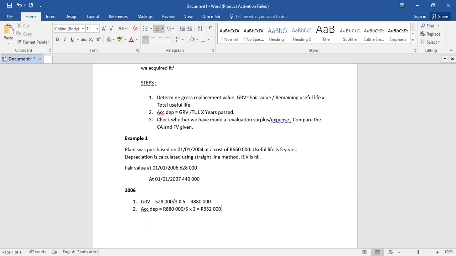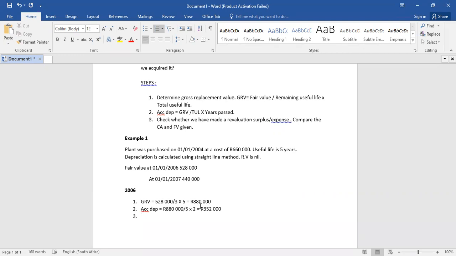So this is just a calculation of GRV, accumulated depreciation yakhona. With step number 3, we have to determine whether we have made a revaluation surplus noma i-revaluation expense. Remember, uzokwazi ukubona sidinga carrying amount ye-assets angithi ne-fair value yethu, of which it's 528,000.